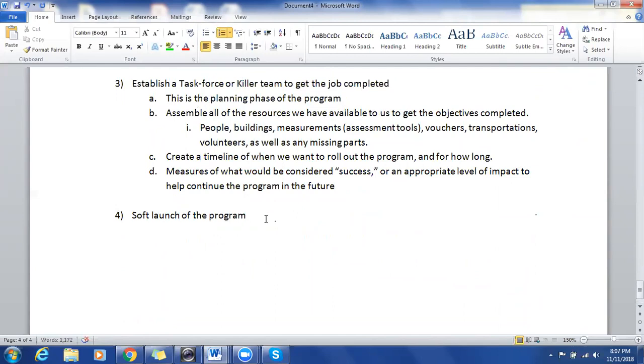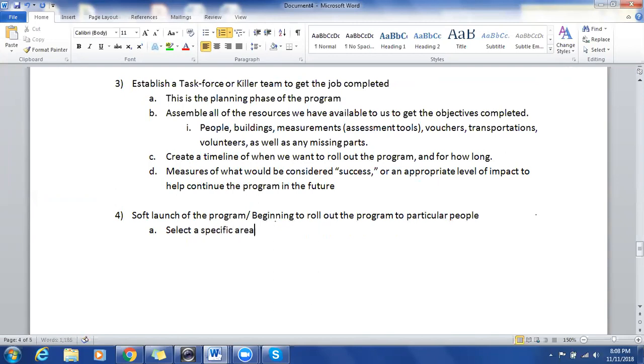So once we have the identified goal, how we're going to do it, and the gathered resources, this is where we do a soft launch, which is basically beginning to roll out the program to particular people, because you don't want to roll things out too quickly without a sample size.